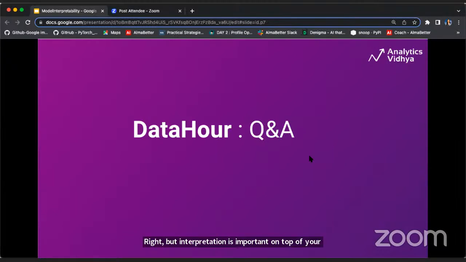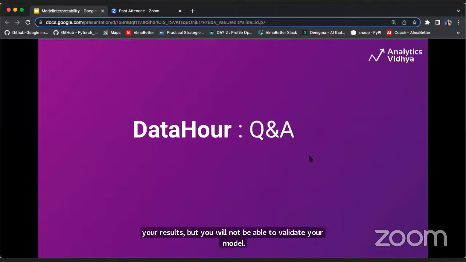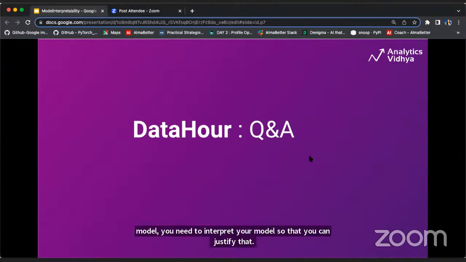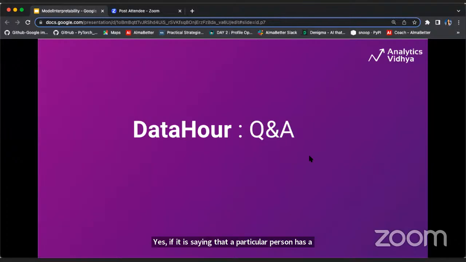You have created a model, you have your results, but you will not be able to validate your model. So interpretability comes there. After you have created your model, you need to interpret it so that you can justify that if it is saying that a particular person has a disease, why it is saying so, how it is saying so. You need to justify that. That is why interpretability comes into the picture.